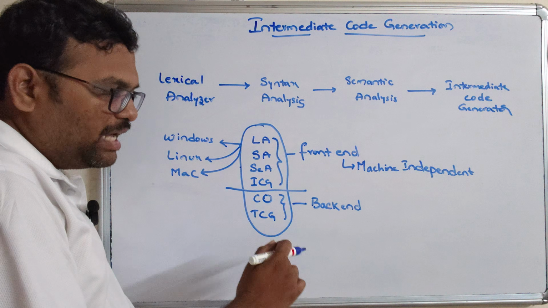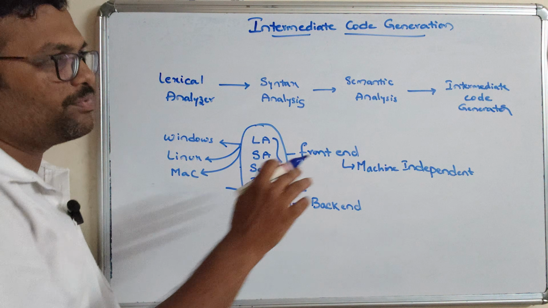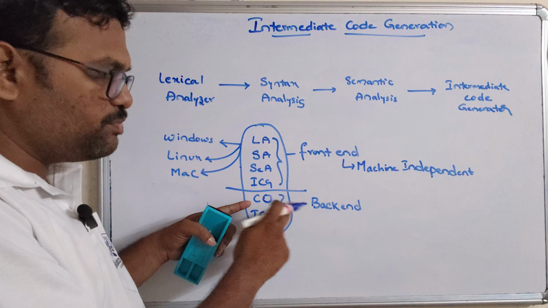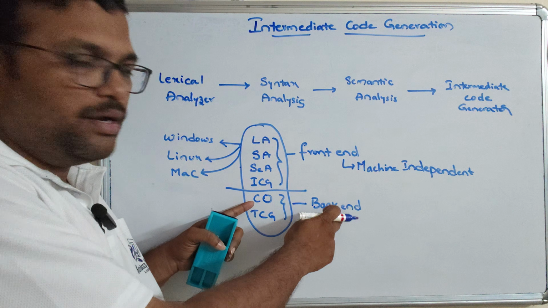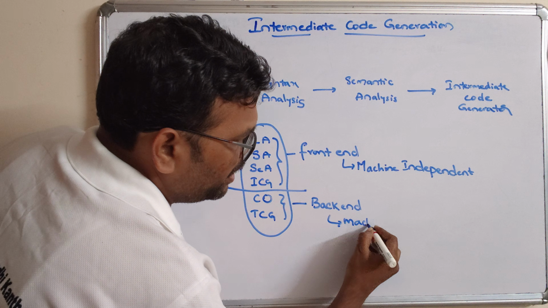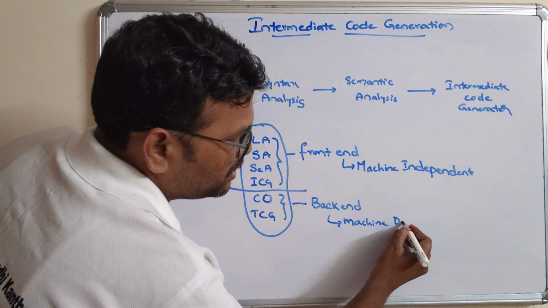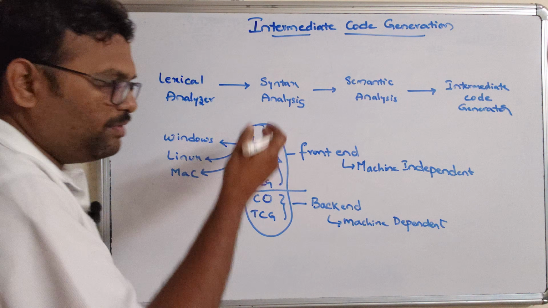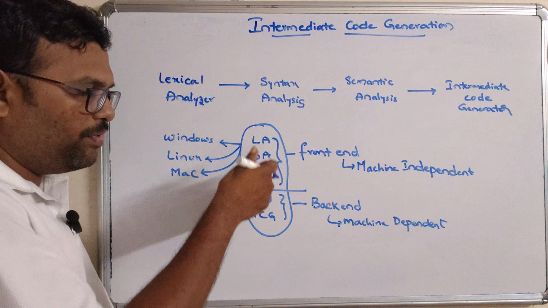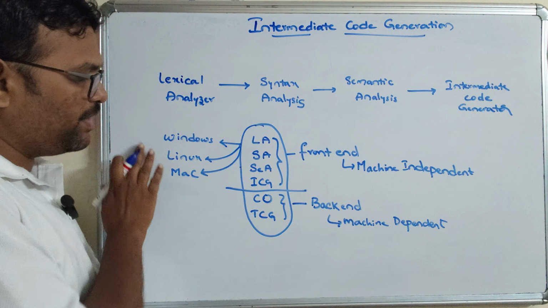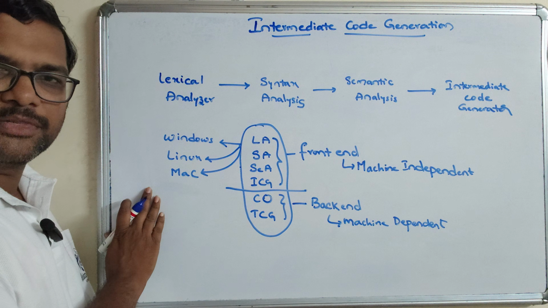But the code generated by the intermediate code generator is given to the next phase, which is the starting phase of the back end. These two phases are machine dependent. Whatever we have learned so far is common to designing a compiler for any kind of operating system.